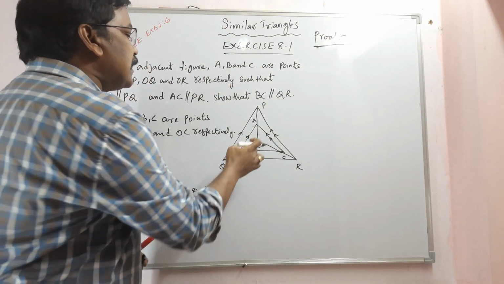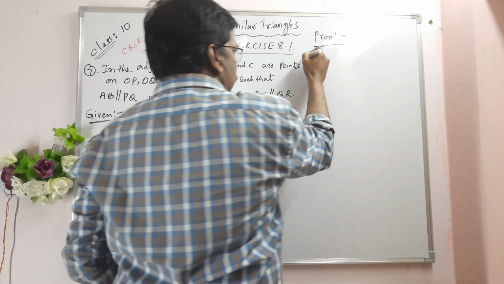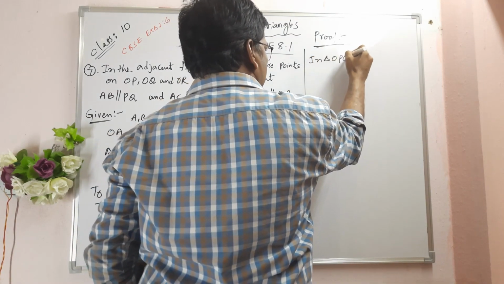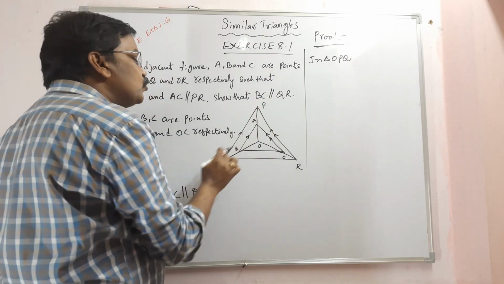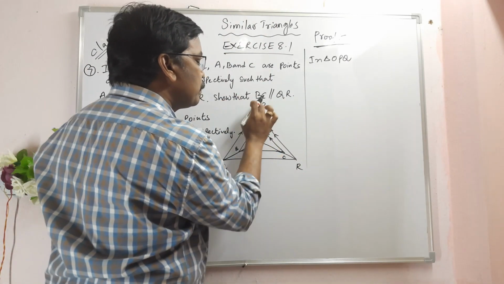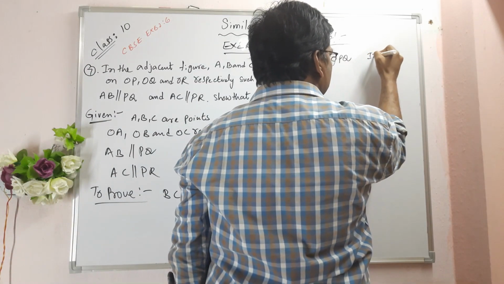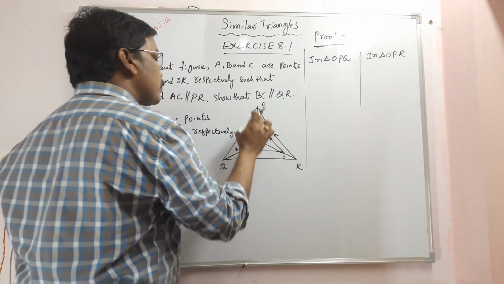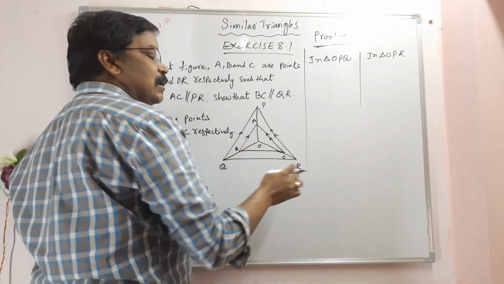Look, I will take two triangles like in the previous sum: triangle OPQ and triangle OPR.